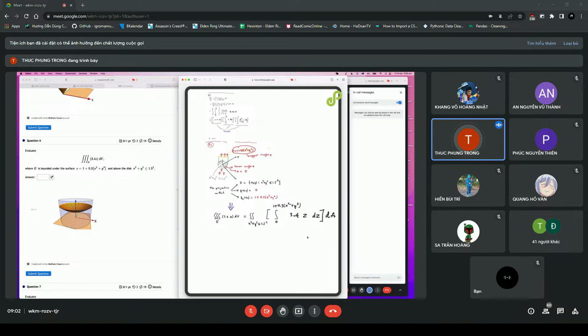The only way we can continue now is to get the inside first. We have no other ways, right? In order to get this, we need to get the inside first with respect to z, and then we go out for the double integral.